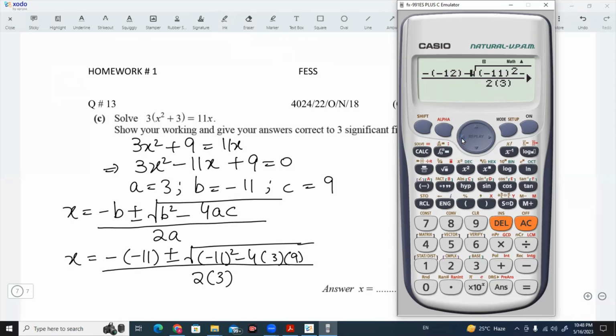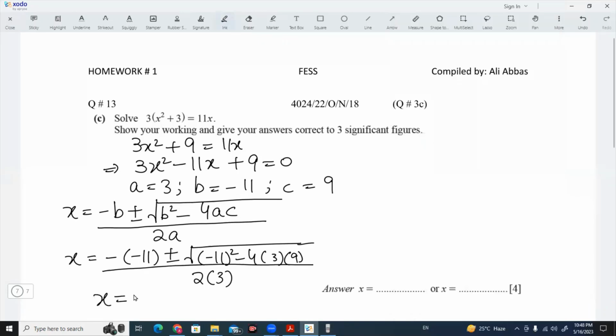And before the square root sign, we have to change the sign of that thing. It results in minus 11. Press equals, and it results in 2.43. Correct to 3 significant figures means 2 is the first, 4 is the second, 3 is the third. But after 3, the number is smaller than 5, so we can write it as it is, 2.43.